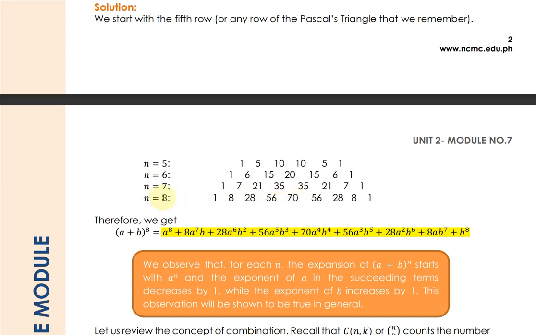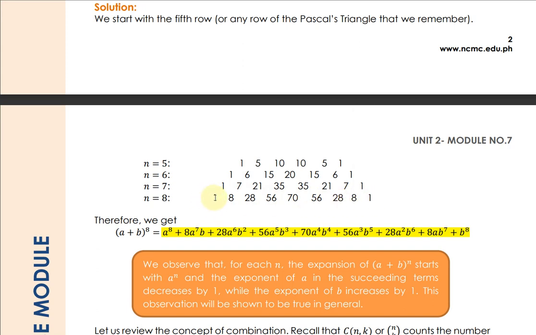And remember, if you have n, your power is equal to n, which is equal to 8, then the number of terms is we just add 1 to n. So, n is equal to 8. So, 8 plus 1 is equal to 9. So, the number of terms is 9. So, if you count it, 1, 2, 3, 4, 5, 6, 7, 8, 9.